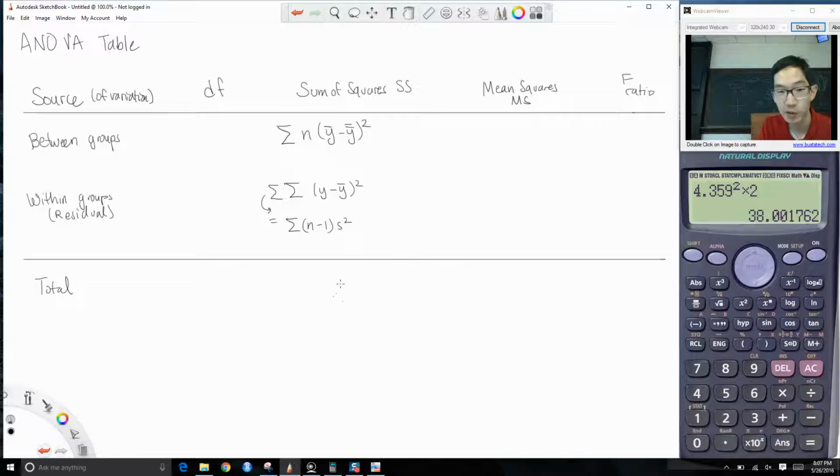And then the total sum of squares is each individual point minus the grand mean squared done for all points in groups and done for all groups.